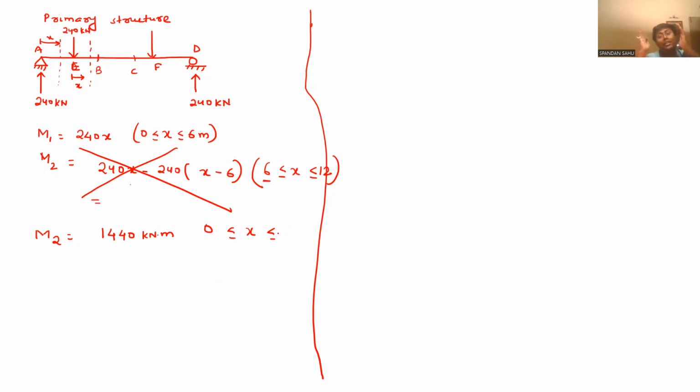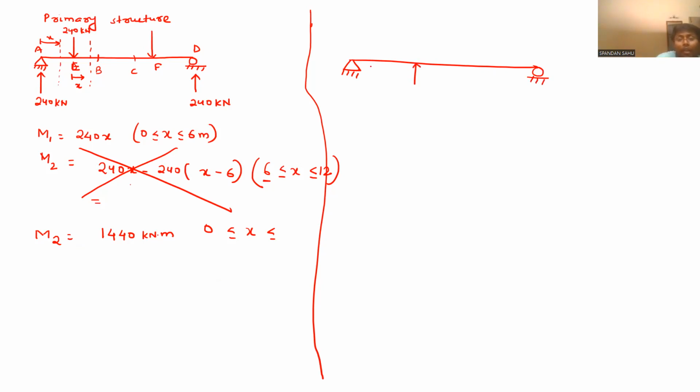I said divide as much as possible, such that while you are doing the convolution of small m and capital M, there should not be much hindrance. After that, what do you have to calculate? Small m for this structure. Let our first redundant be that B only.